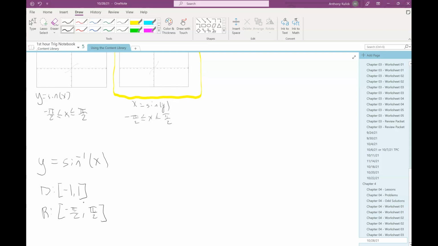Everybody's okay with that idea? So for sine inverse, we're going to input a value between -1 and +1. And what the sine inverse function is going to do is give back to us an angle measure between -π/2 and +π/2. Right?